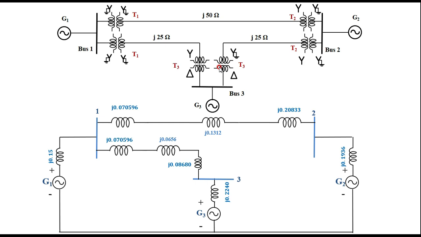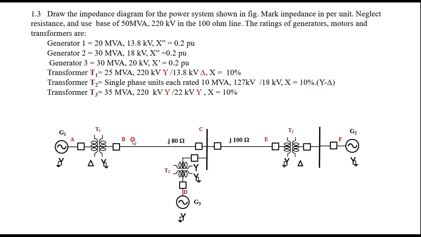Then at bus number 3 there is T3 and j25 ohm, which is connected to bus number 1. This is how we have to draw the reactance diagram for the last problem we saw in the last video, whose bottom part was not visible. That is why I repeated this reactance diagram. Then we'll move to the next problem.